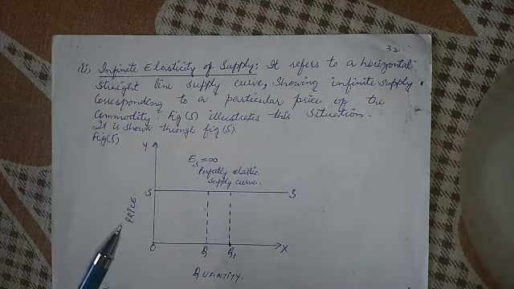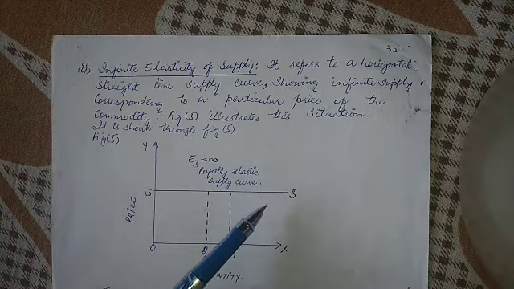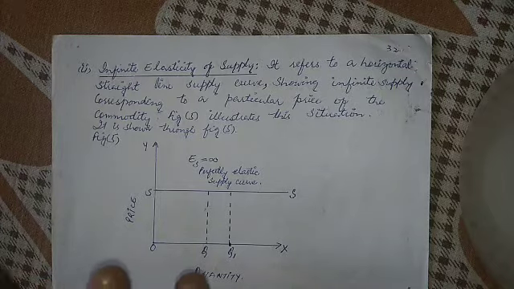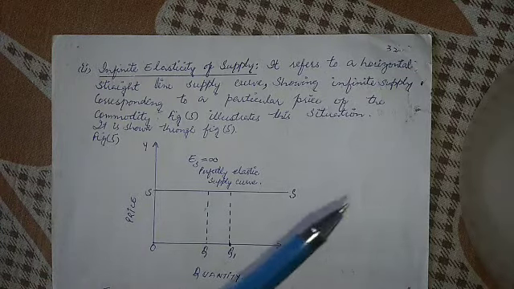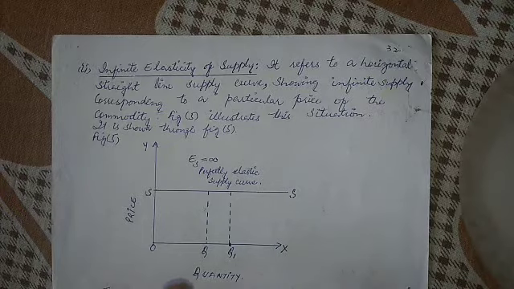So it refers to the horizontal straight line supply curve showing infinite supply corresponding to a particular price of the commodity, like this particular price here, OS. So these are the two extreme situations of elasticity of supply.